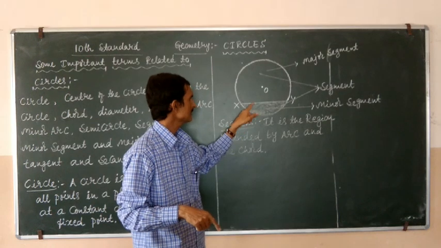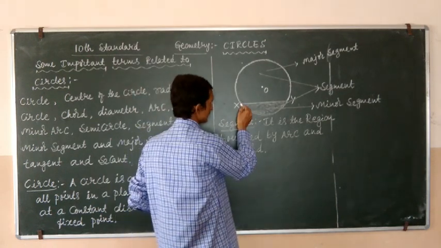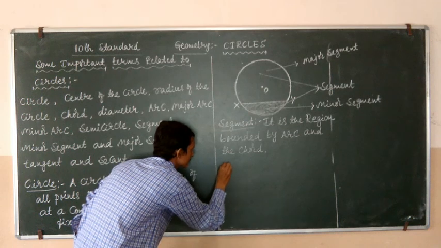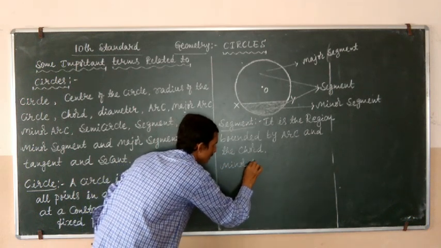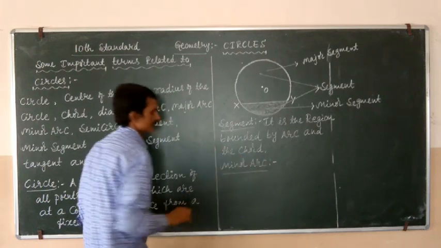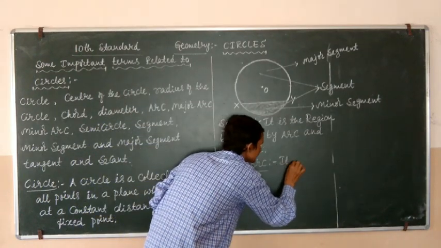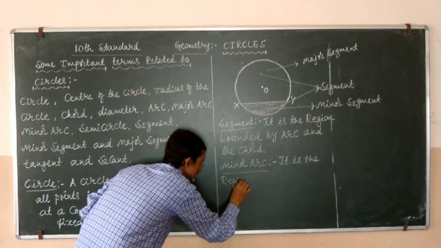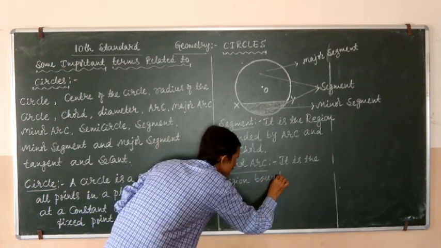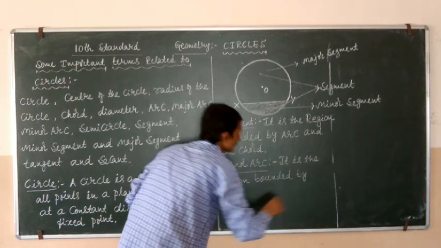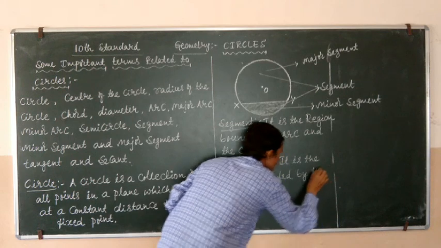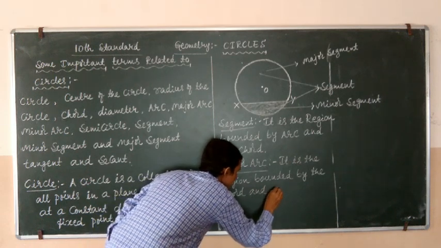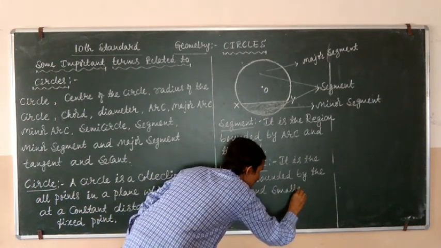Therefore, minor segment means it is the region bounded by the chord and smaller arc.